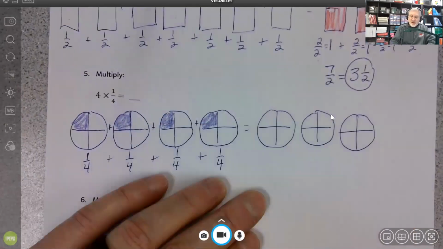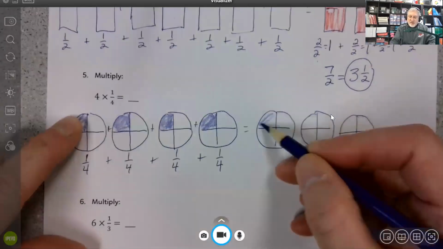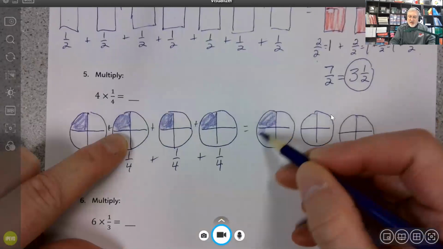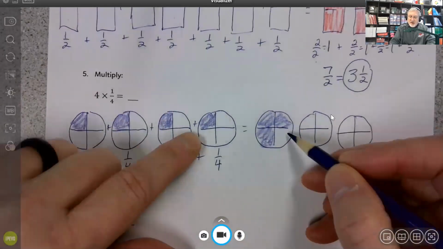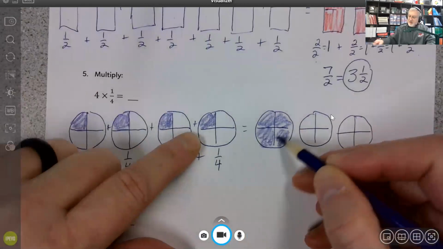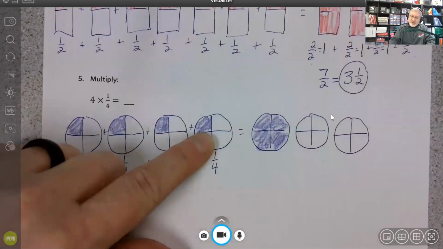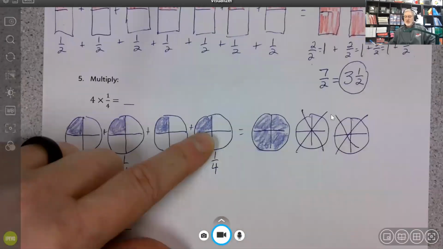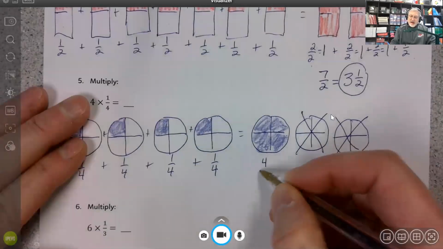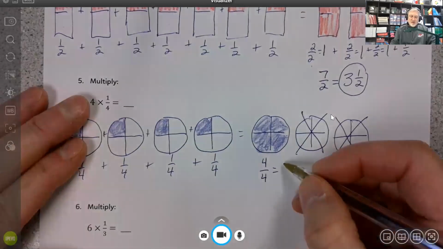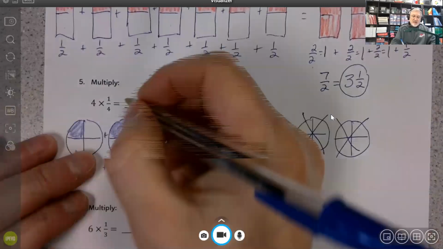My answer, I'm going to shade in 1/4, another 4th, another 4th, and another 4th. Well, I'm done. I didn't even have to use these extra ones, so I can just cross them out. Okay. So this one equals 4/4, and it also equals 1 whole. So 1 whole would be my answer.